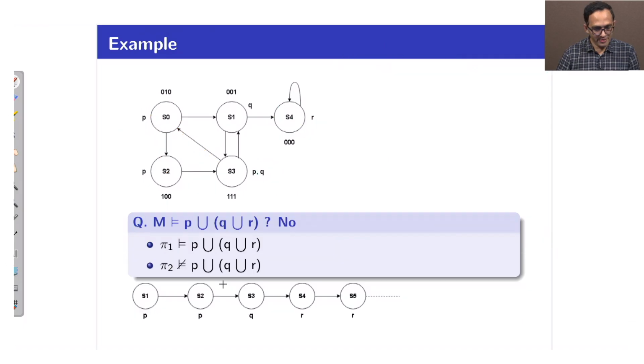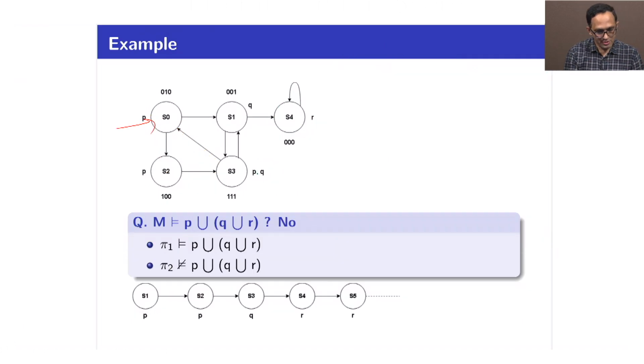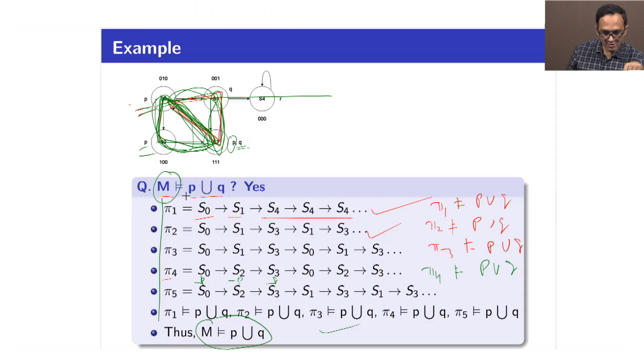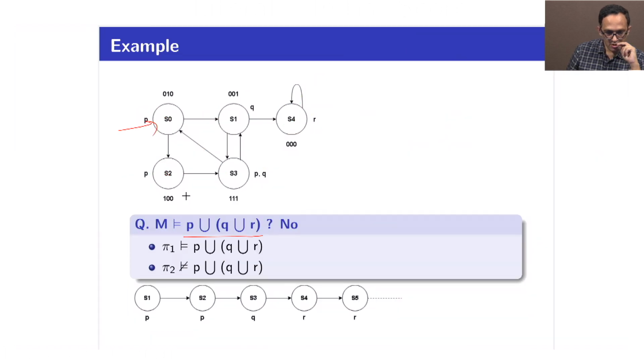Let me take one more example. This is probably the last example. I just want to check whether P until (Q until R) holds here or not. This is very interesting. Pi 1 was S0, S1, S4, so this is my pi 1: S0, S1, then S4, S4, S4 and so on.